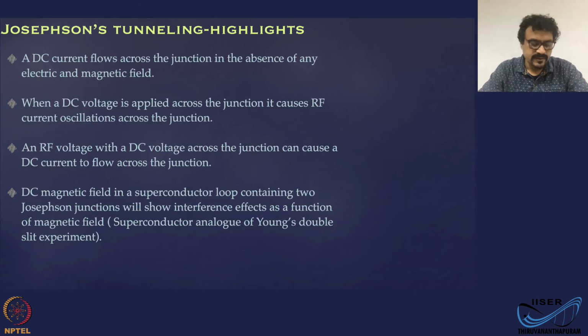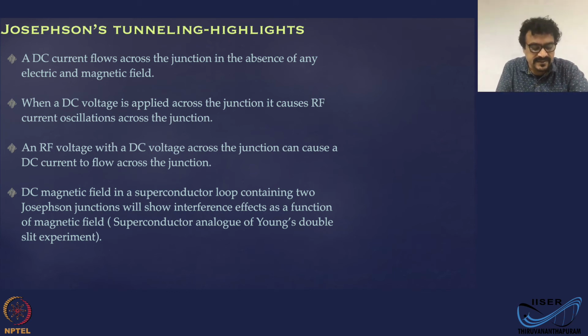Okay, so here there is a summary or highlight of the Josephson tunneling phenomena. The first one is a DC current flows across the junction in the absence of any electric or magnetic field. That's what we just saw, because you have a non-zero current at zero bias applied between an SIS junction.